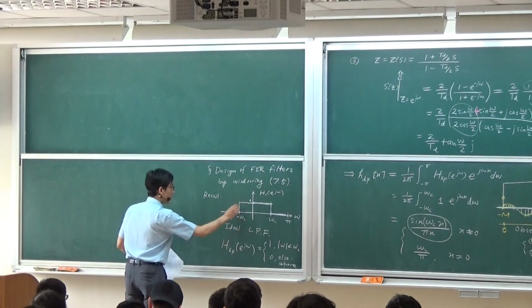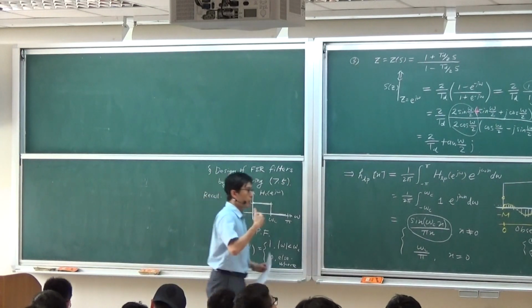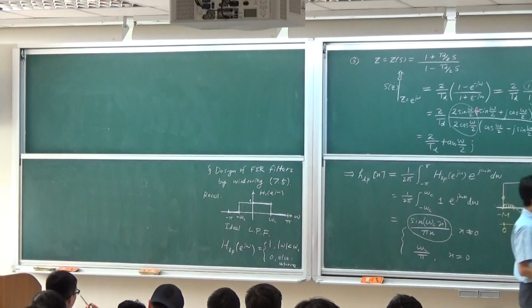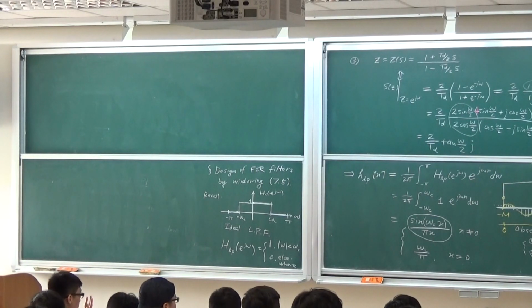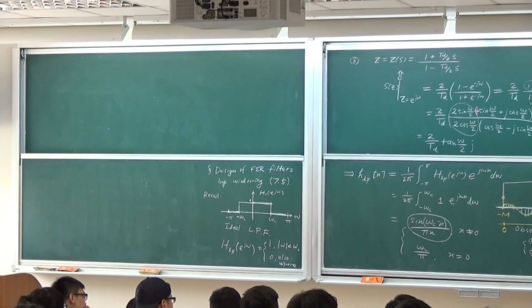So this is our ideal response. And in the process of our design, in the first step, we have multiplied our ideal response with a window function, a multiplication in the time domain.